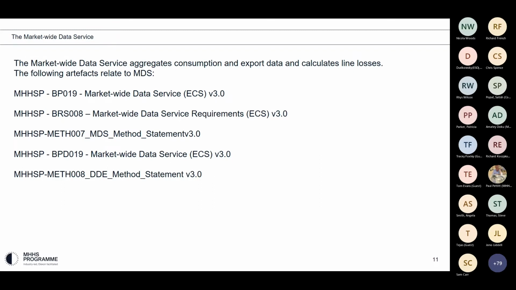Business process 16, without having a look at that, the question seems a bit odd because it refers to annualized consumptions, and obviously annualized advances are going. However, we will be calculating some annual consumptions to replace the EAC. There is a method statement out there which shows how we're intending to do that.